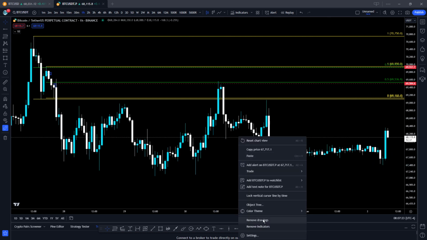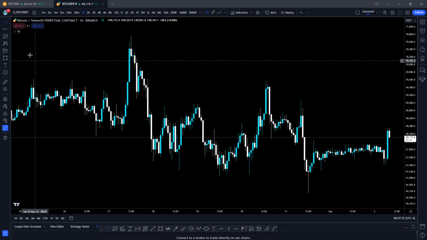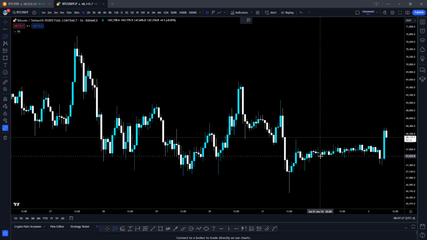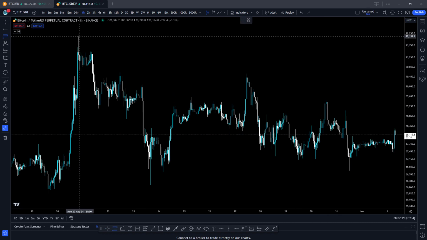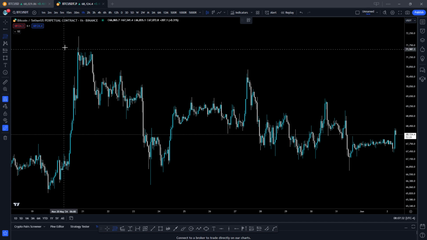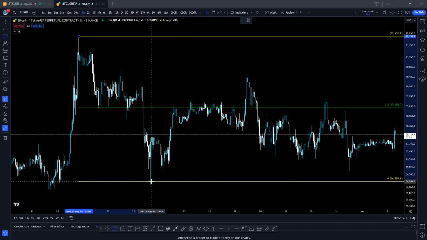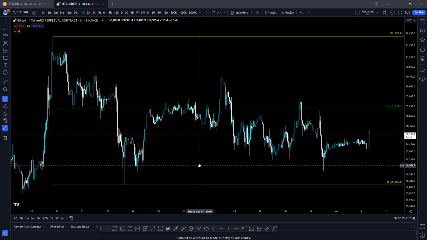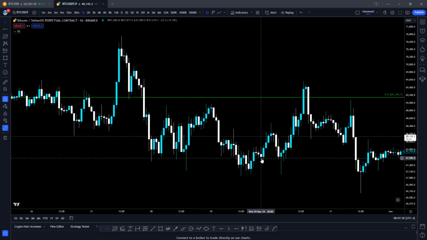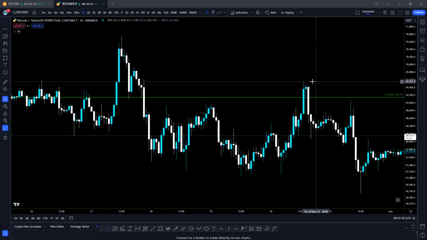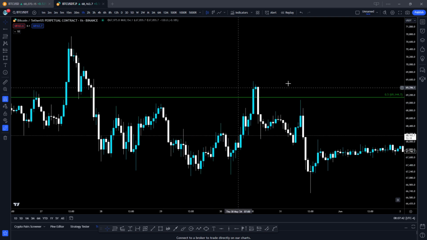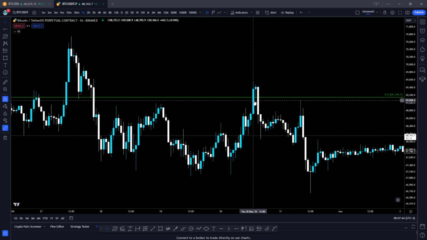Now let's remove all these drawings and let's take this range again. And we can see we revisit the midpoint of this range again later in the week on Thursday.